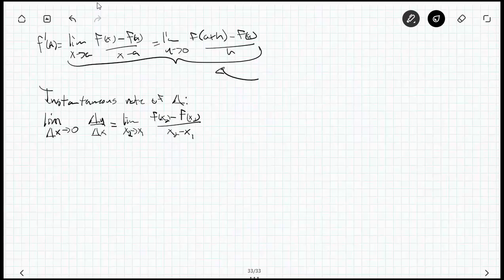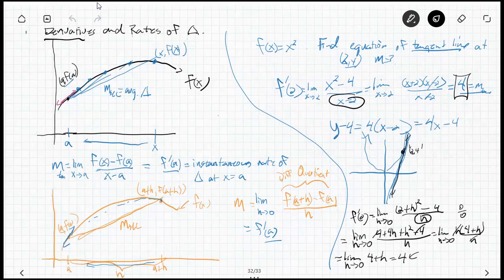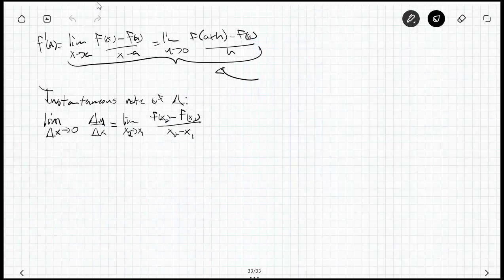Why would we let the denominator in both of these cases go to 0? Because with limits, the denominator is the change in x. If I let that go to 0, that is the numerical and algebraic equivalent of sliding that fishing lure back to the original point that we want to take a derivative at.